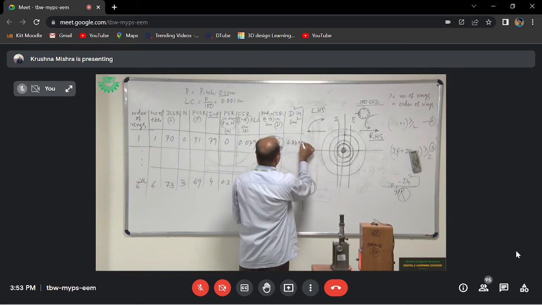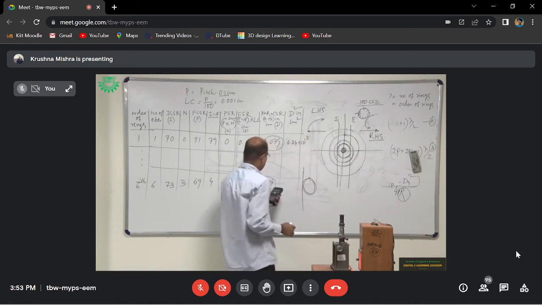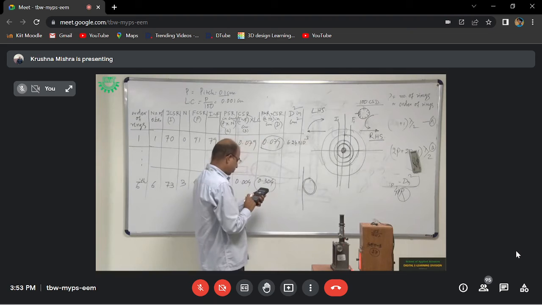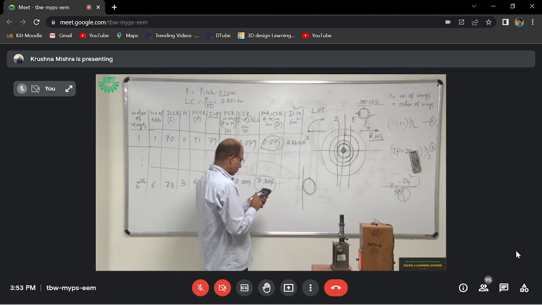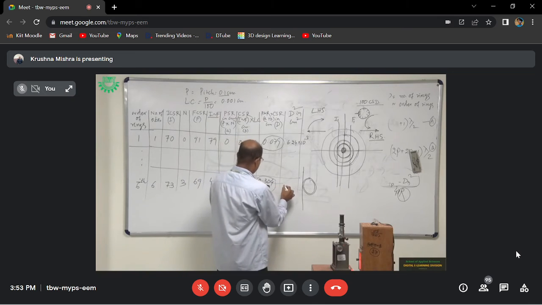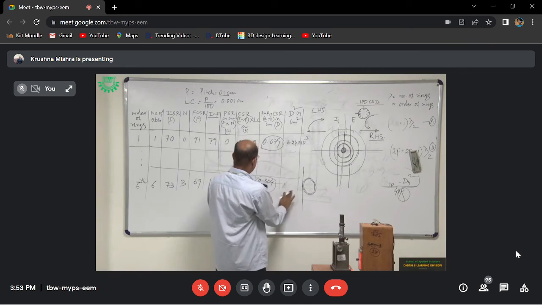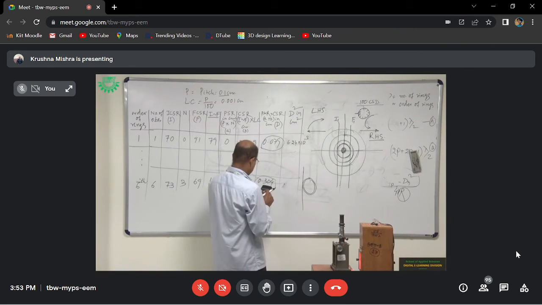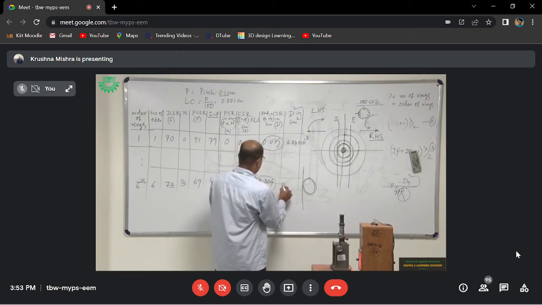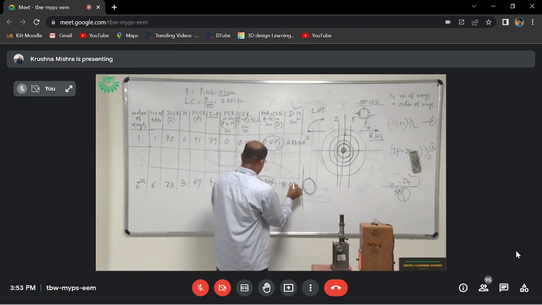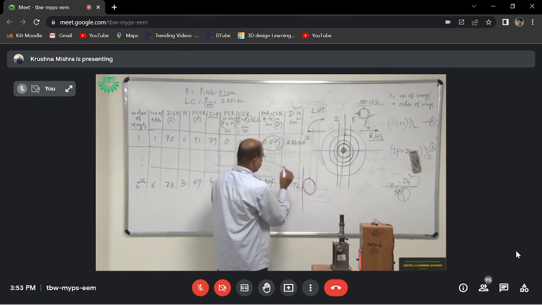And here, 0.304, take its square, it gives up to 3 decimal places, that is 0.092.